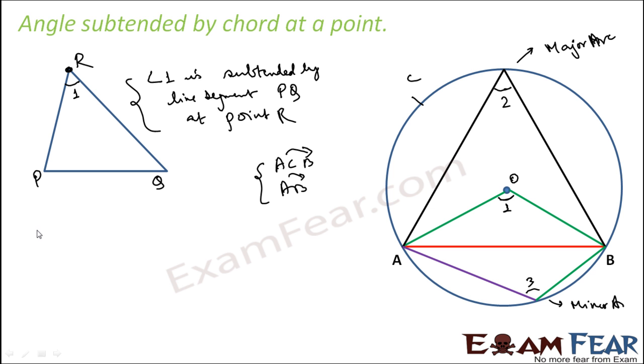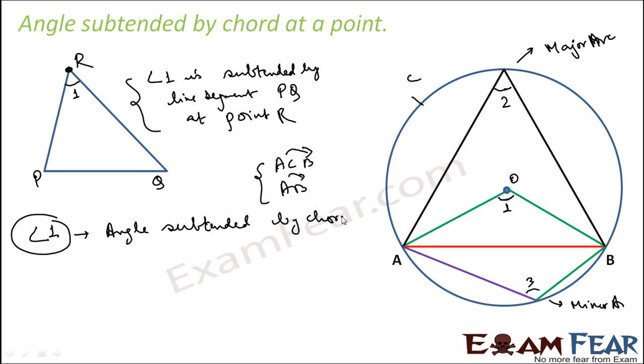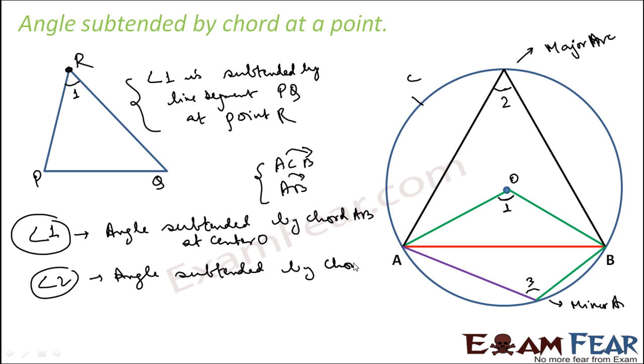Okay? So let me write here. Just understand the statement. Angle 1 is what? It is nothing but the angle subtended by chord AB at center O. Angle 2 is what? Angle subtended by chord AB at a point in the major arc.